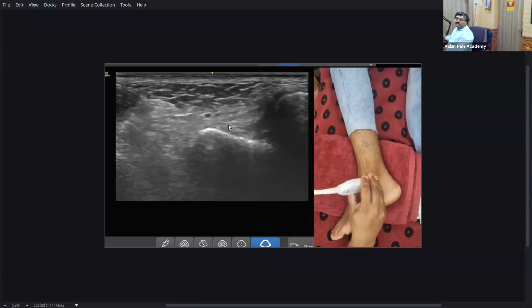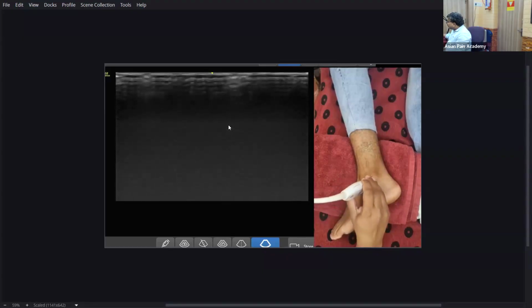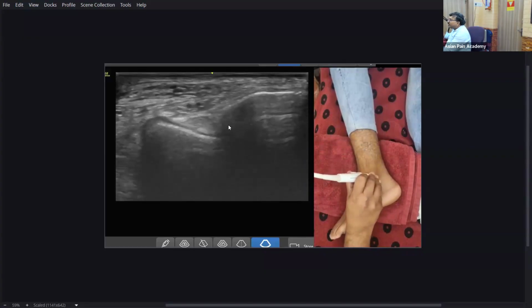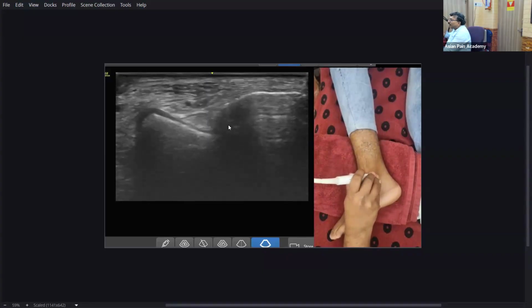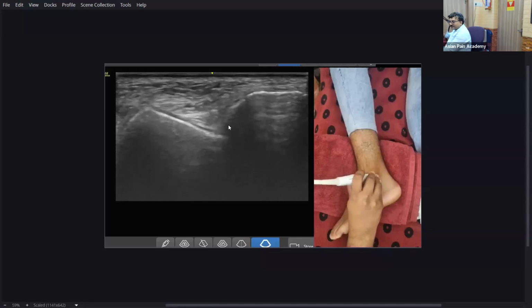Okay, so ATFL, have you understood all the steps, or should I repeat one by one? Just the last part: first come from the fibula, go here, and first try to figure out the AITFL, then just rotate, just follow.